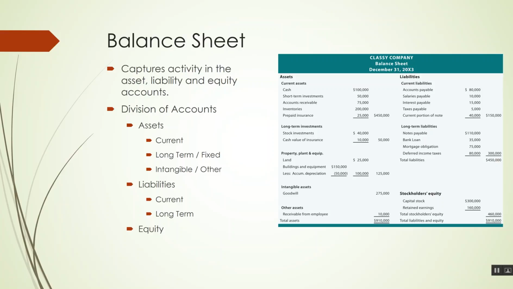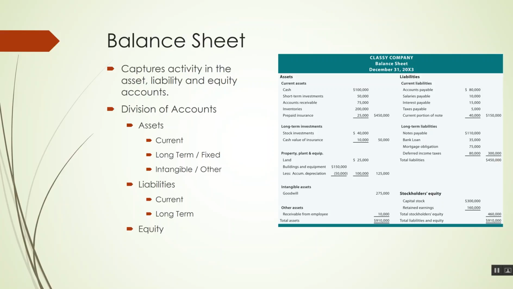As it relates to how the accounts are subdivided, on the asset side your assets are going to be divided into your current assets, your long-term or fixed assets, and intangible or other assets. Your current assets are those assets that you anticipate turning over into cash within a 12-month time frame.